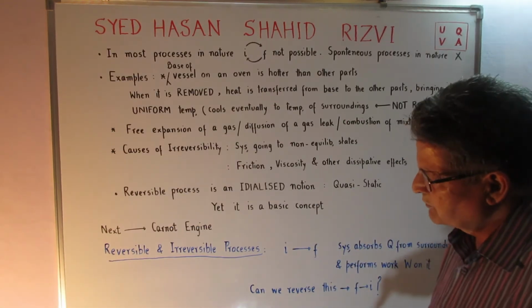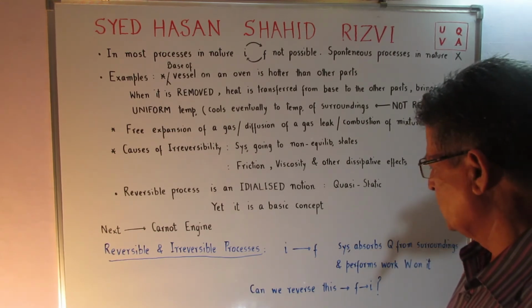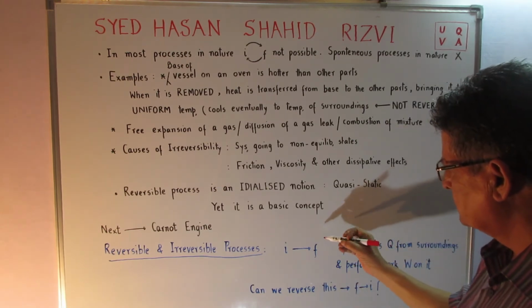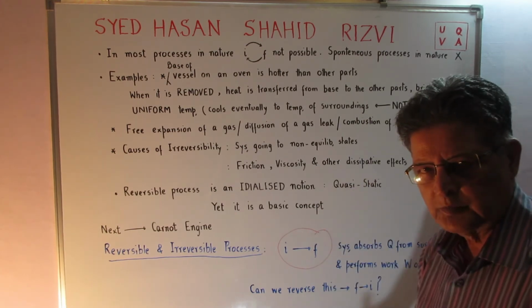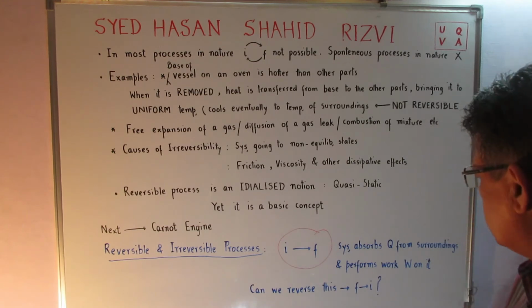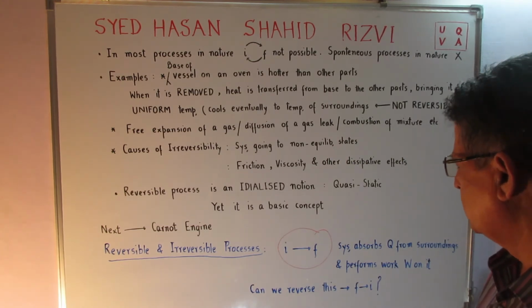So to study reversible and irreversible processes, we saw that a system goes from I to F, initial to final, and absorbs heat from the surroundings and performs work W on it.